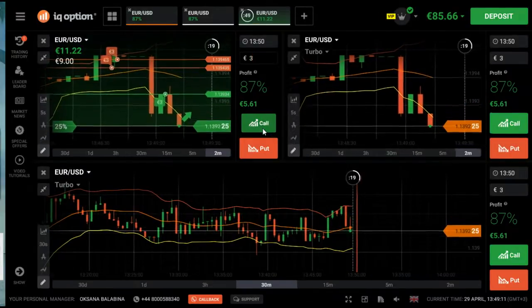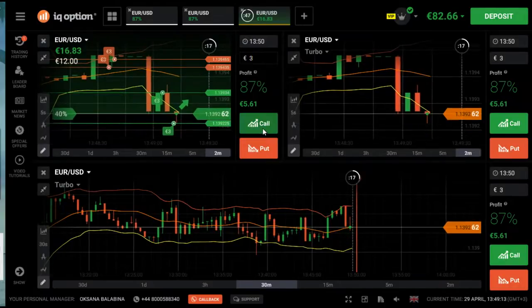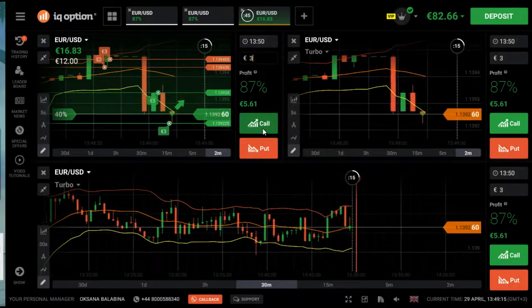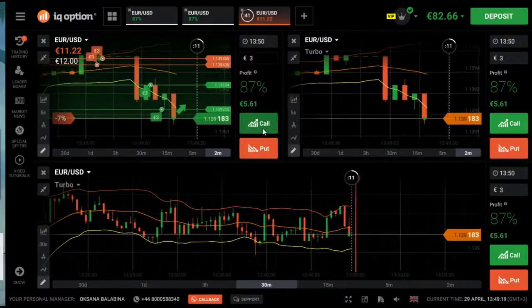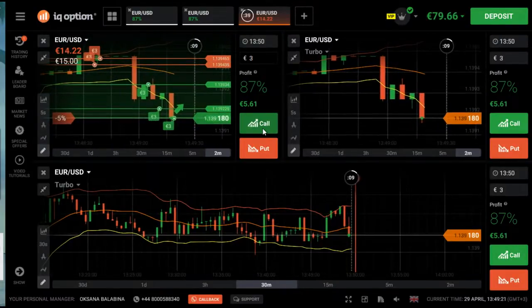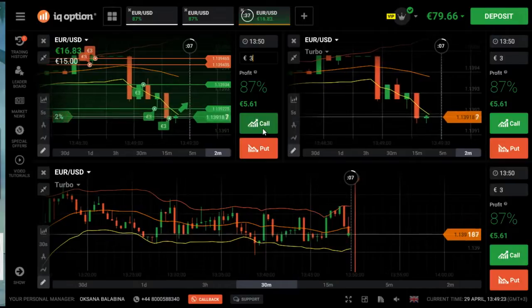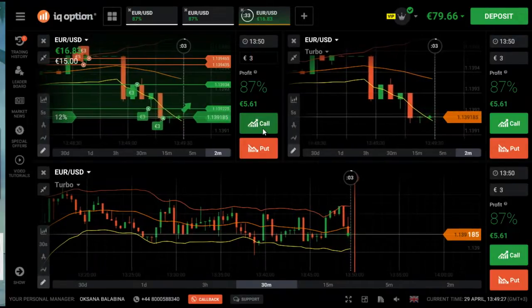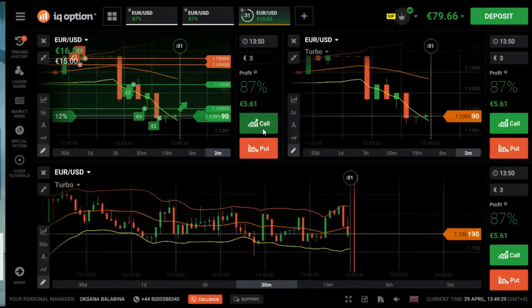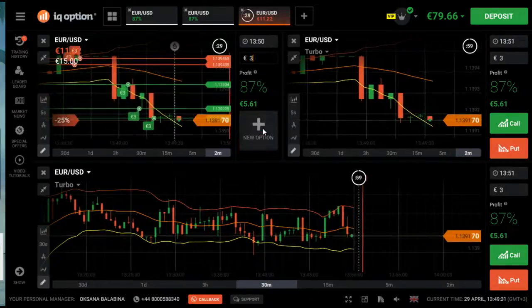Because I sometimes nest several positions for the one option, even as small as €3, each option's trading amount becomes sometimes over 15 or 20 euros.